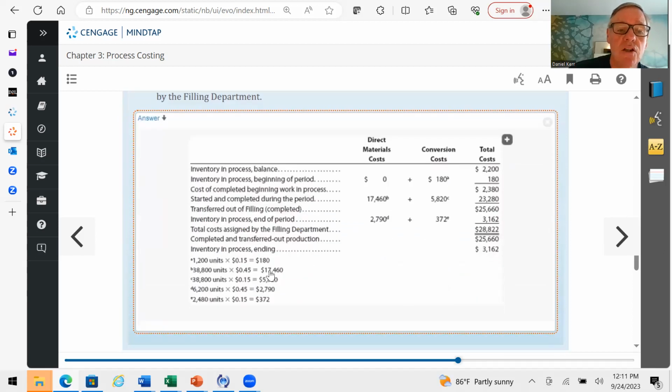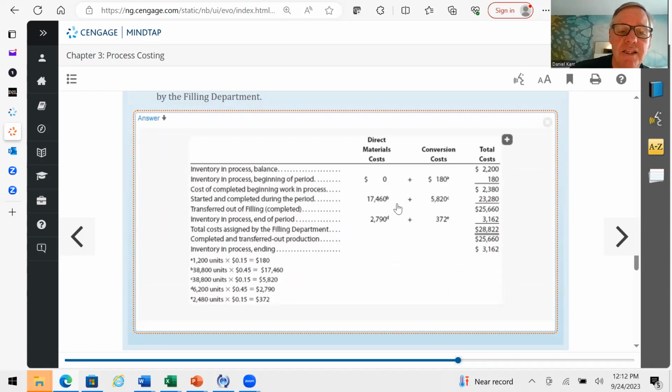And go down here, 1,200 units times 15 cents for conversion costs. So it took $180 worth of cost to get that beginning work in process to be actually completed and go into the production process. So they asked the cost completed of beginning work in process, which was the cost at the beginning of the period, plus the $180 worth of conversion costs for the work in process.